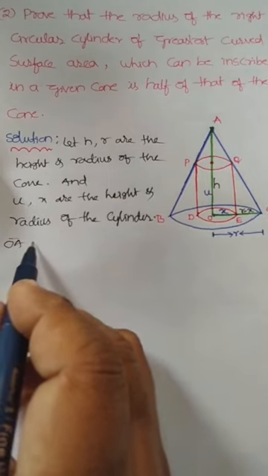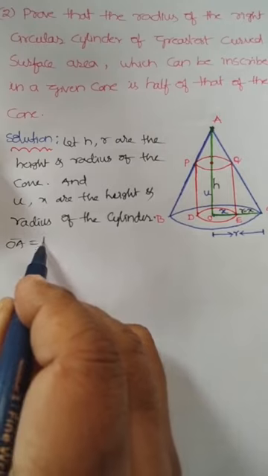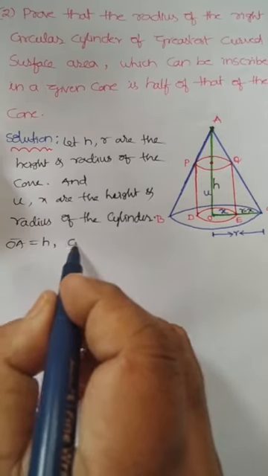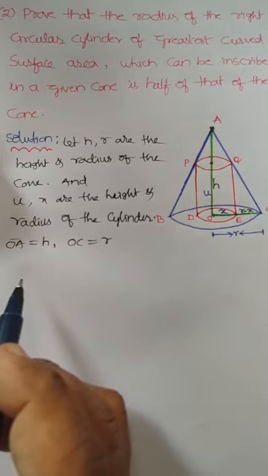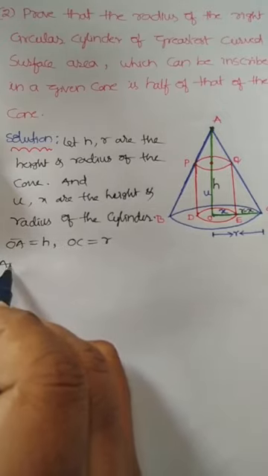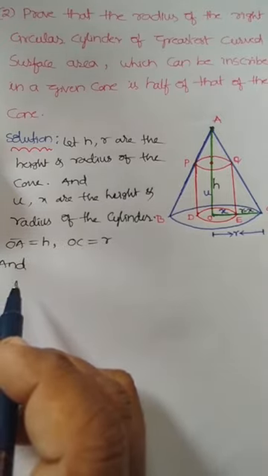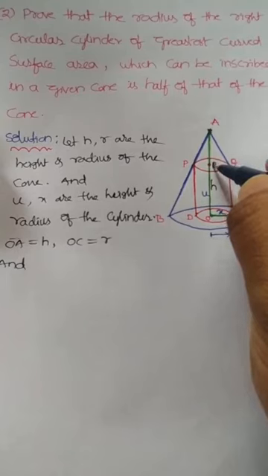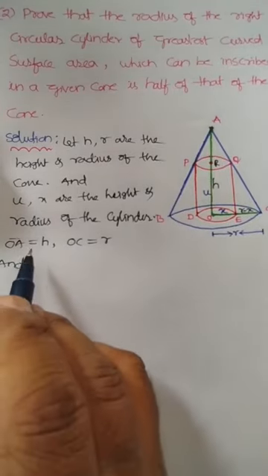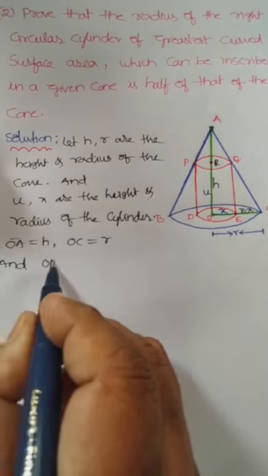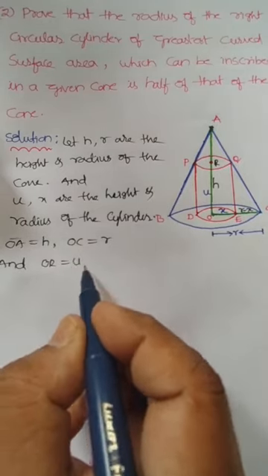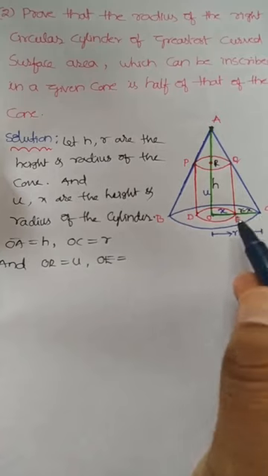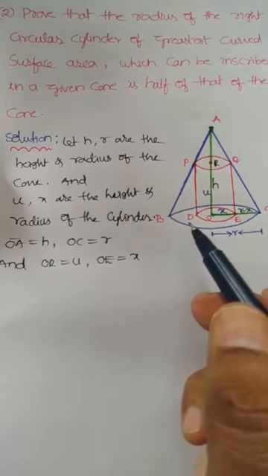From the diagram, OA bar is equal to h, OC bar is equal to small r, QE is equal to u, and OE is equal to x, as per our assumptions.